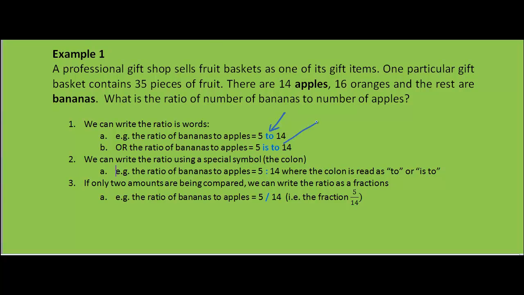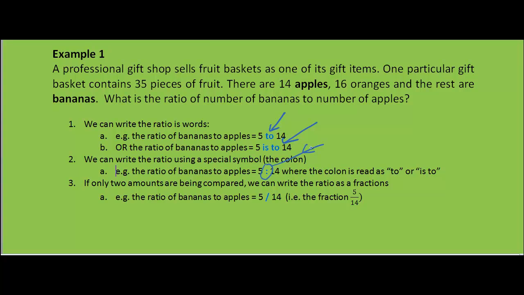So using the words to or the words is to. Another way is to use a symbol which mathematicians prefer, and that in this case is the colon. So we could write that the ratio of bananas to apples is 5 colon 14, and the way we might think of that in our mind is 5 is to 14, or 5 to 14. The colon represents those words.